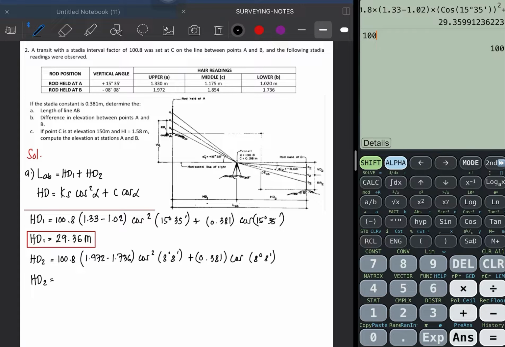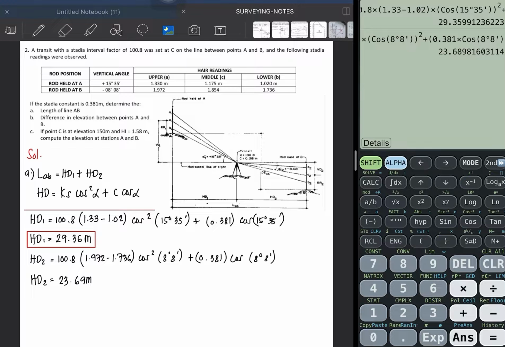So HD2, you have 100.8 times 1.972 minus 1.736 times cosine squared of 8 degrees 8 minutes, and then plus 0.381 times cosine of 8 degrees 8 minutes. So that is 23.0669 meters.